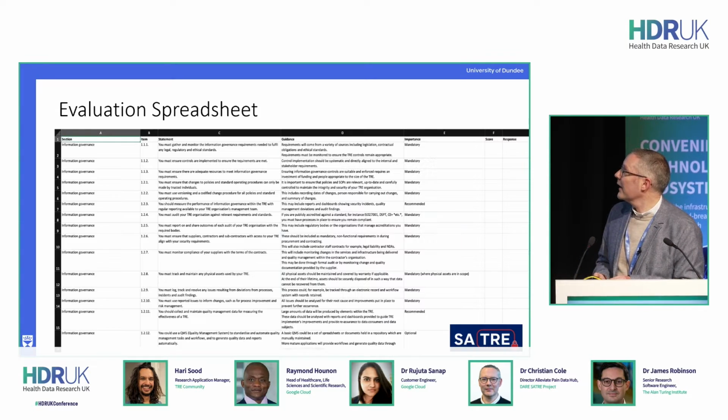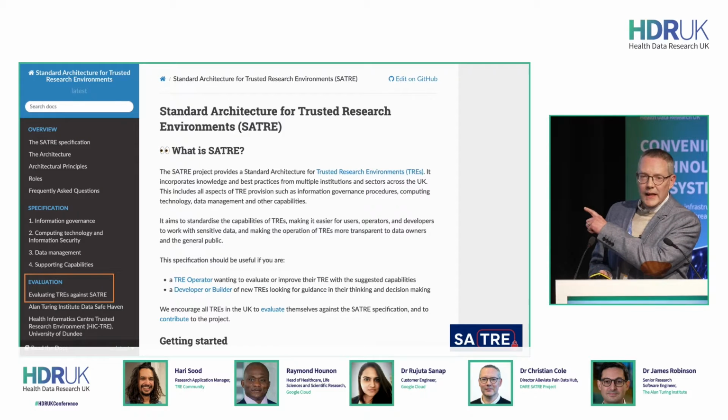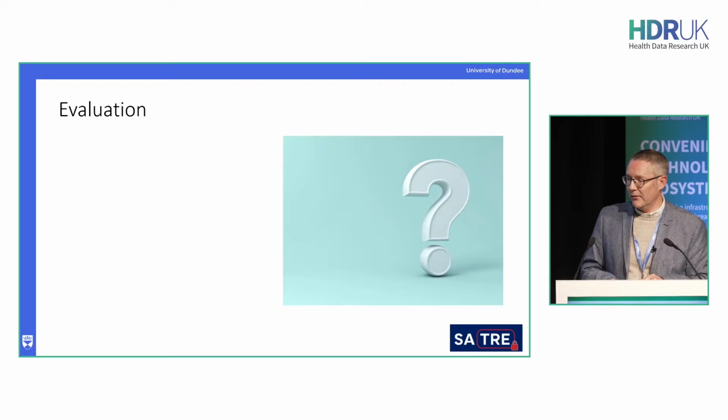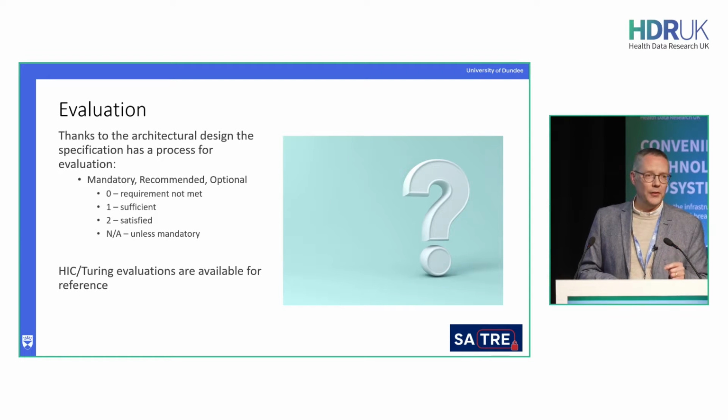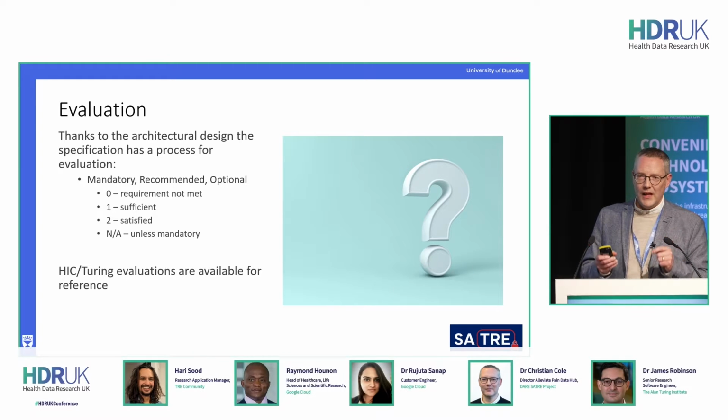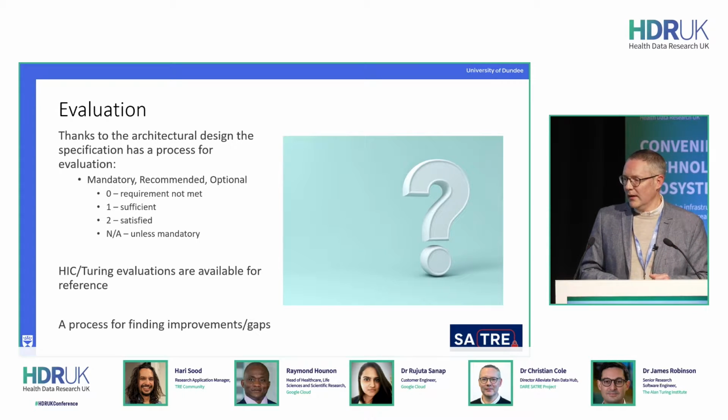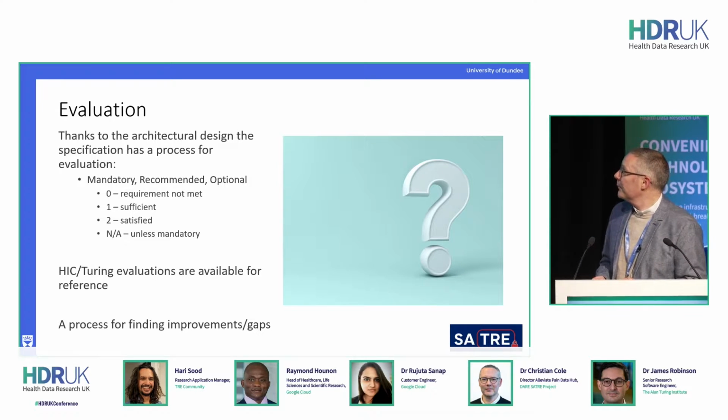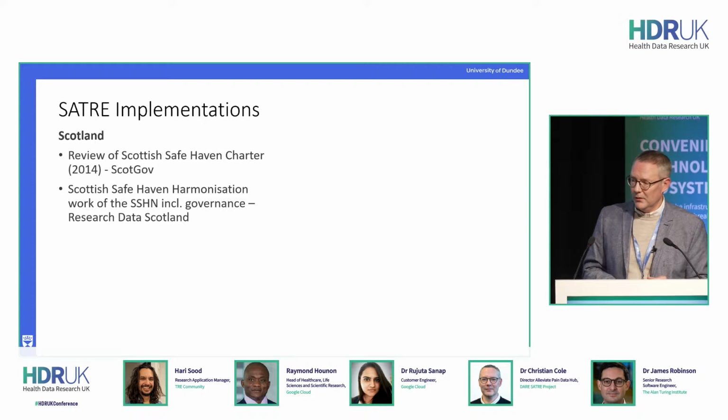So if we go back, there's a link on the bottom left of the page to get to our own evaluations. The important thing is to be able to identify the strengths, the gaps and the opportunities in the TRE community, and also within the specification. What's missing? What's wrong? What needs to be improved? It's about finding improvement.